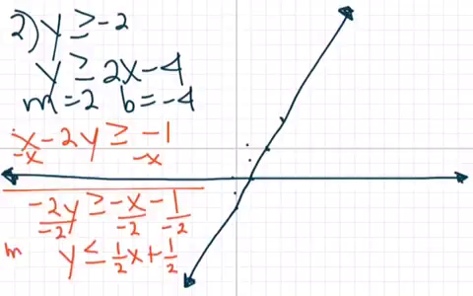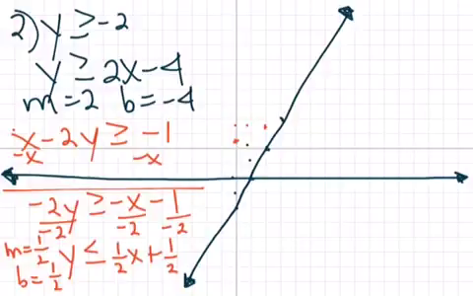So the slope is 1/2, and the y-intercept is 1/2. So you go up a half on the y, and a slope of 1/2 means to go up 1, right 2, up 1, right 2, up 1, right 2. You can put as many of those as you feel the need to put.